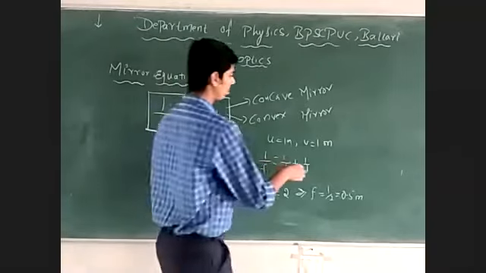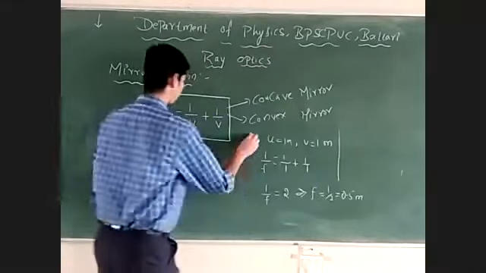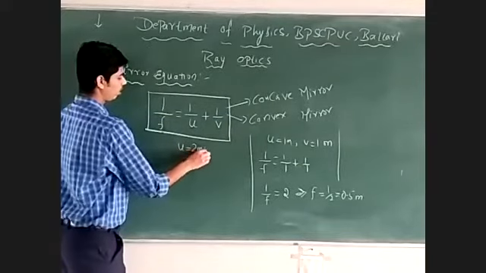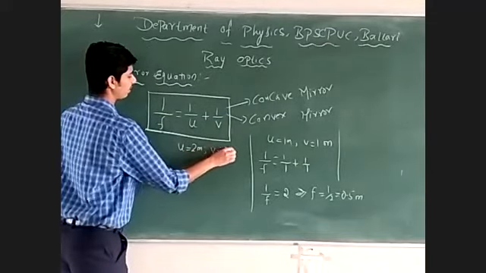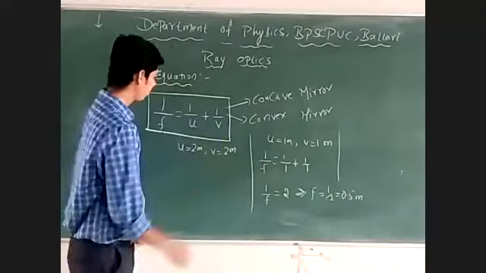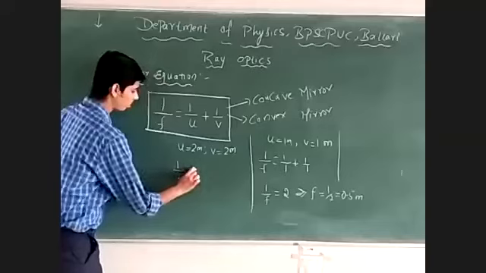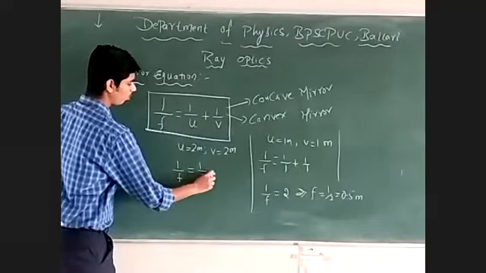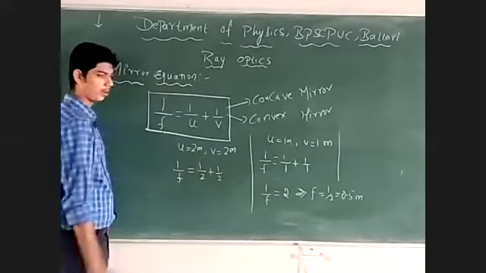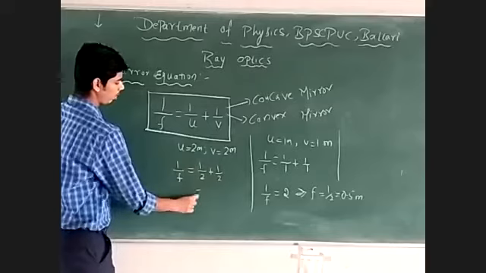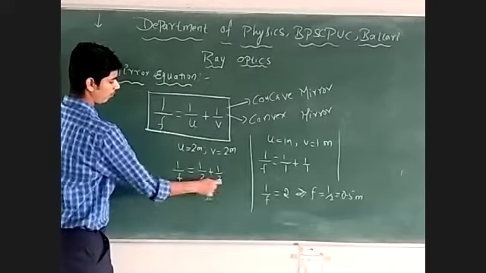Suppose I change the values of u and v, and u is made 2 meter and v is made 2 meter. What happens to the focal length? 1 by f is equal to 1 by 2 plus 1 by 2, so this becomes 1, since half plus half is 1.